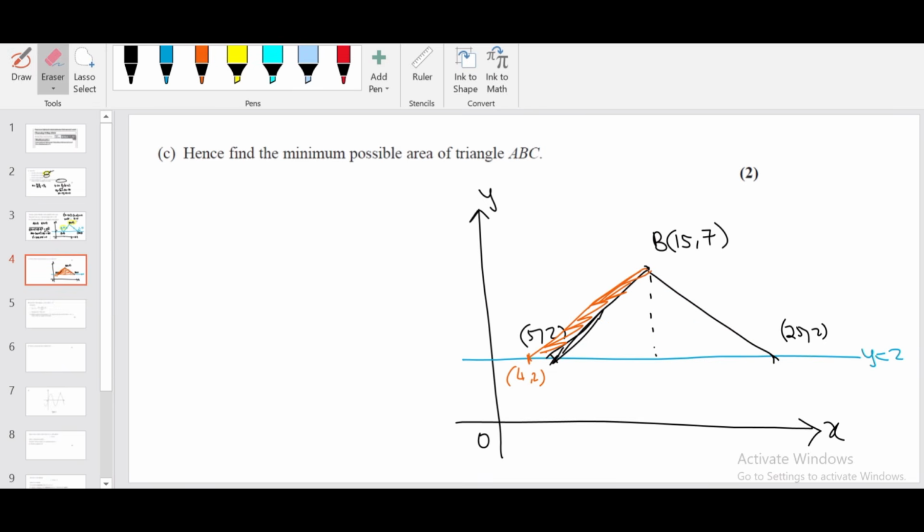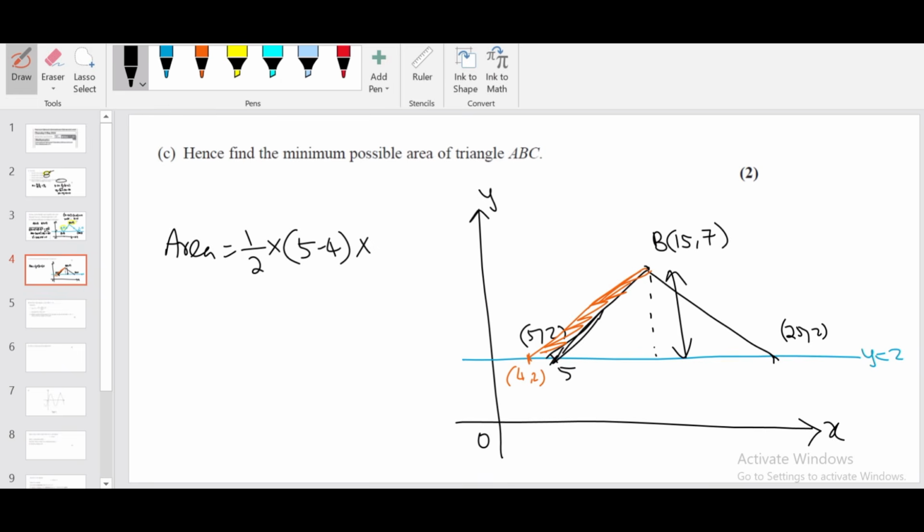So in this area, the minimum area is equal to half times the base, which is 5 minus 4, times the height, which is the perpendicular height from the third vertex to the base.